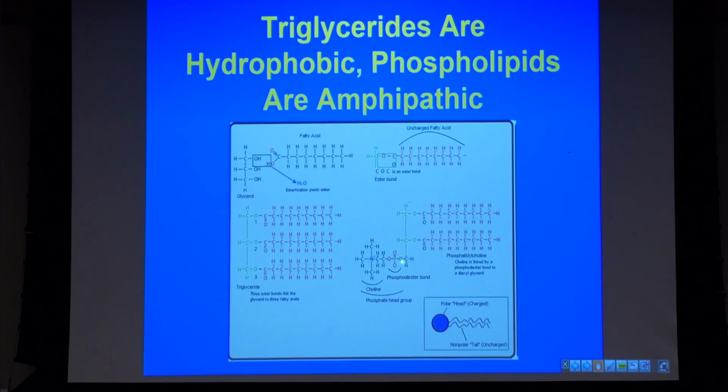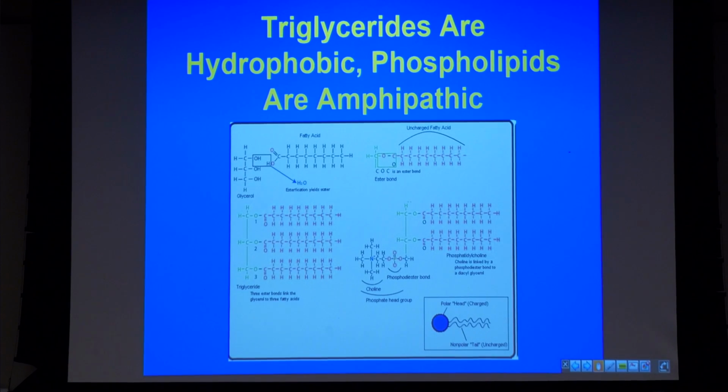This phosphate linkage links the 3rd carbon of the glycerol through an oxygen, a phosphorus, and an oxygen to a carbon out here on what is shown here as a choline, but could be an ethanolamine or it could be a serine. In all cases, this group out here is charged. And because it's charged, it's hydrophilic. And then down here is the lollipop structure showing the phosphate head group and the hydrophobic tails.